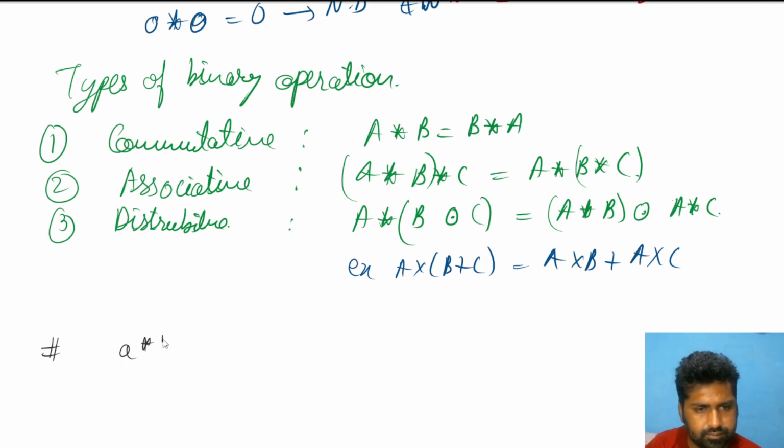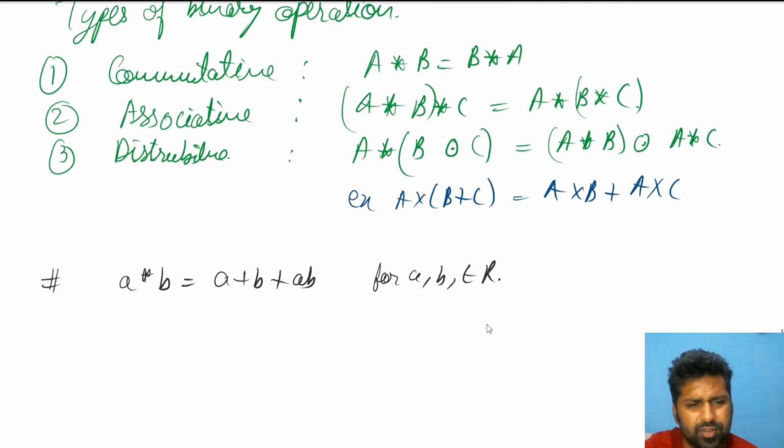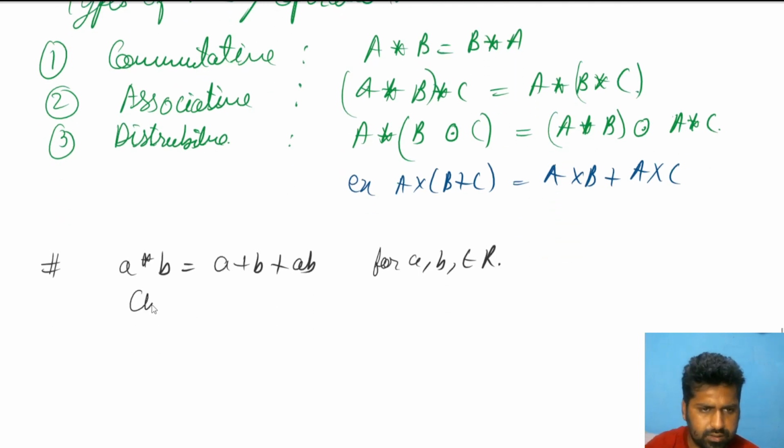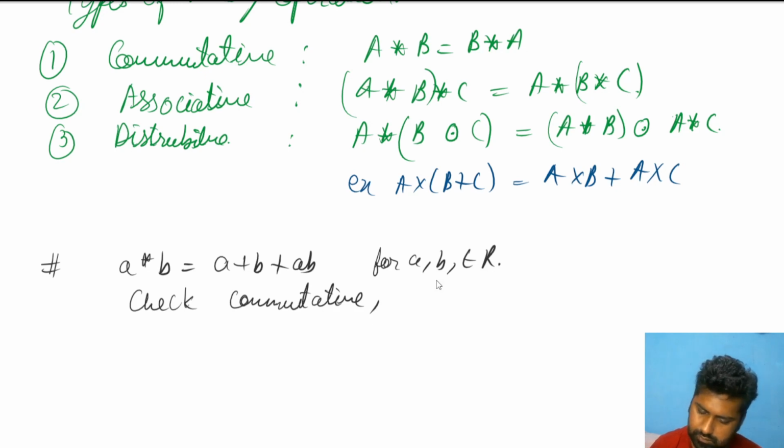A star B is defined as A plus B plus AB, plus AB only, not A times B alone, for A, B belonging to all real numbers. So this is defined for real numbers, and you have to check commutativity and associativity.